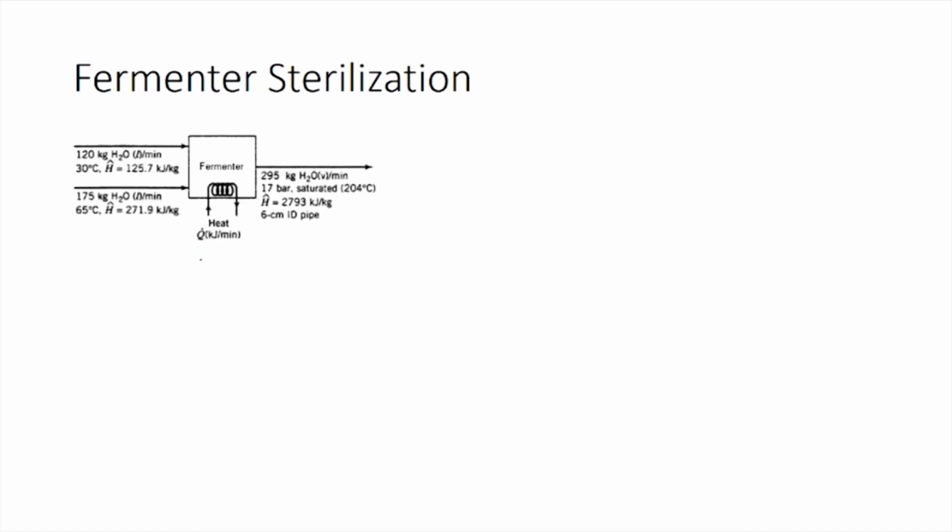Let us first identify the specific volume for the exit stream. The specific volume for the exit stream would be equal to 0.1166 meter cube per kilogram, based on the steam tables.